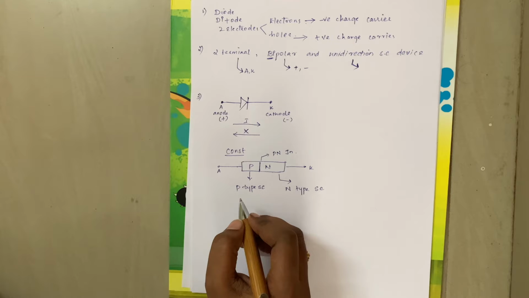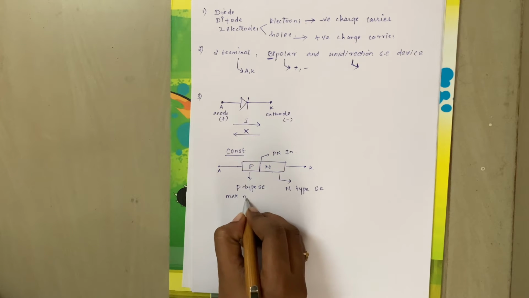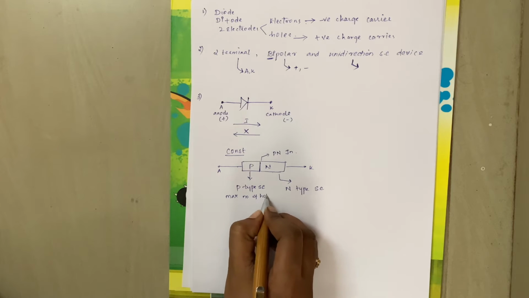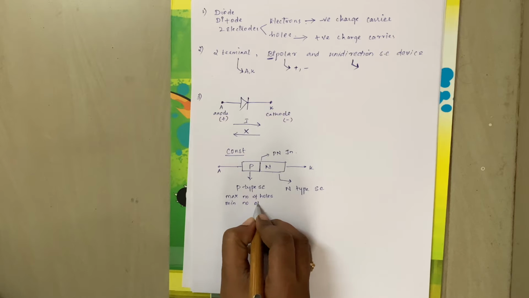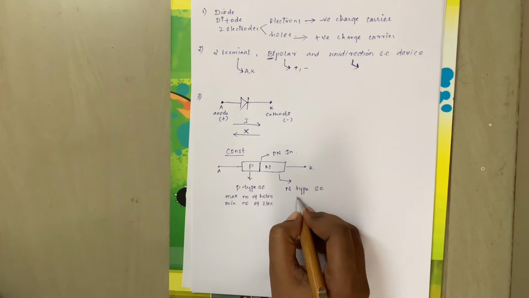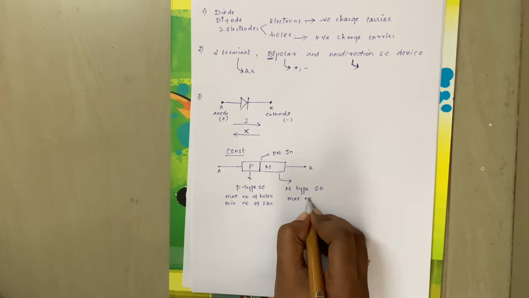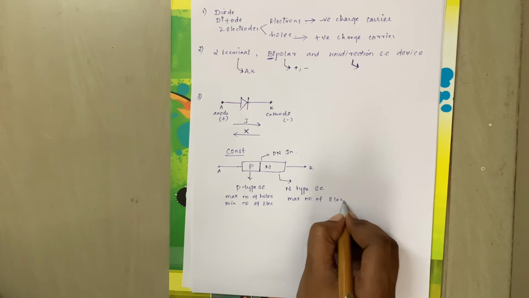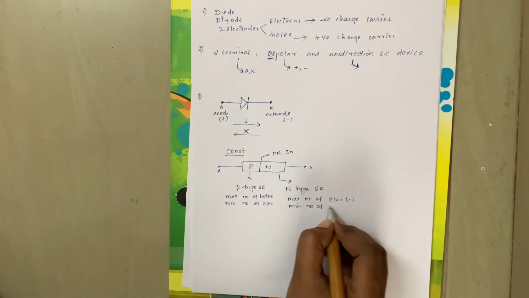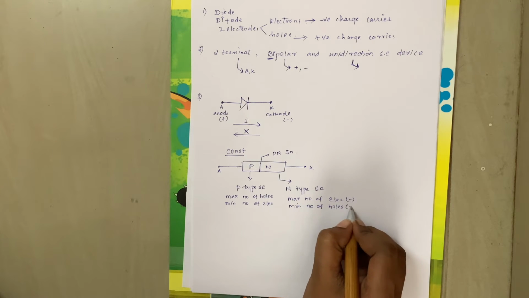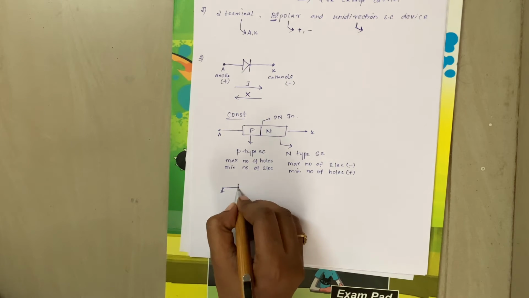What does the P-type semiconductor consist of? It has a maximum number of holes, that is positive charge carriers, and a minimum number of electrons. N-type semiconductor consists of a maximum number of electrons, that is negative charge carriers, and a minimum number of holes. Now how can we draw this? Again, anode.